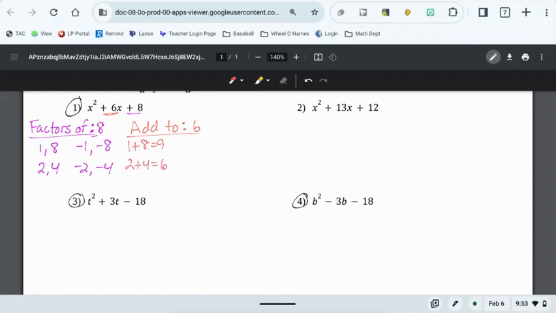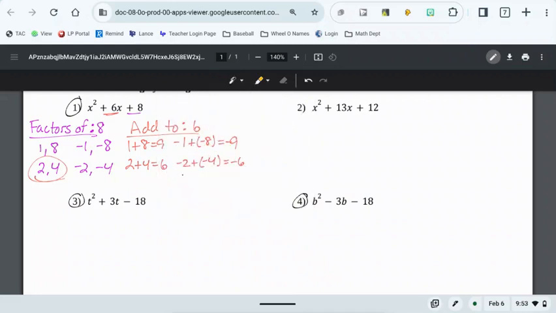Well, right there we found our two factors that add up to 6. But just for the note-taking process here, we're going to continue this process and go through all of the sets of factors. So this one we get -9, and then -2 plus -4 equals -6. We want +6. So the only one that works is 2 and 4.